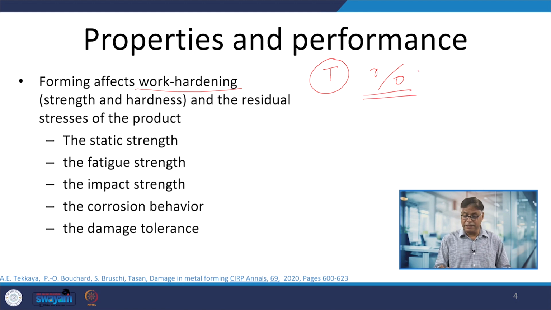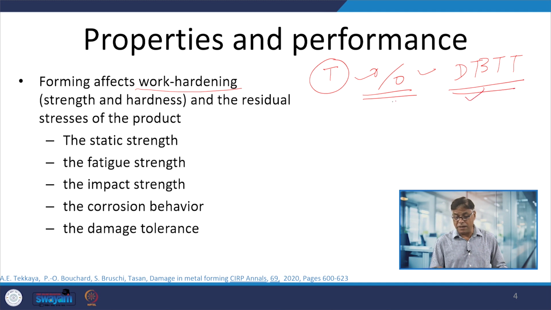So, ductility and toughness both are compromised. In addition, one more change is observed, that is the increase of the ductile to brittle transition temperature. So, these are the three undesirable effects observed in mechanically deformed products, especially under low temperature conditions.